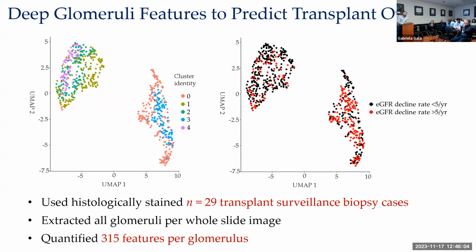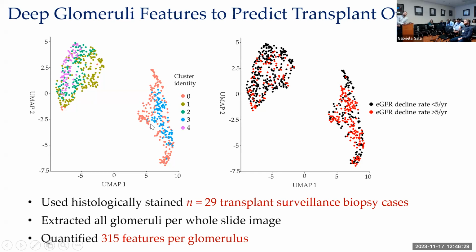So this study, right, from 29 transplant surveillance biopsy cases, we extracted all their glomeruli, we extracted the glomerular features, and each dot is a glomerulus based on that feature, and they are plotted in some sort of a 2D plot using dimensional reduction. And these are the different clusters that popped up when we did clustering in that data.